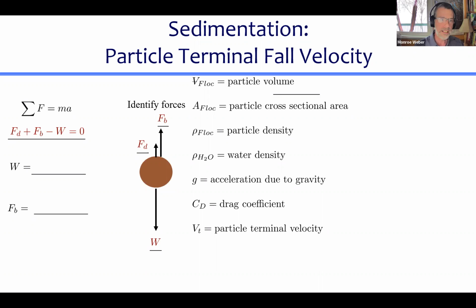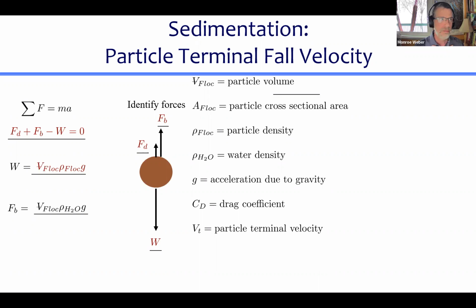And the weight of this object is just equal to its volume times rho and g. So the density, and here I said I'm talking about a flock, so the density of the flock times the acceleration due to gravity. The buoyant force is just the volume of the flock times the density of water times gravity.